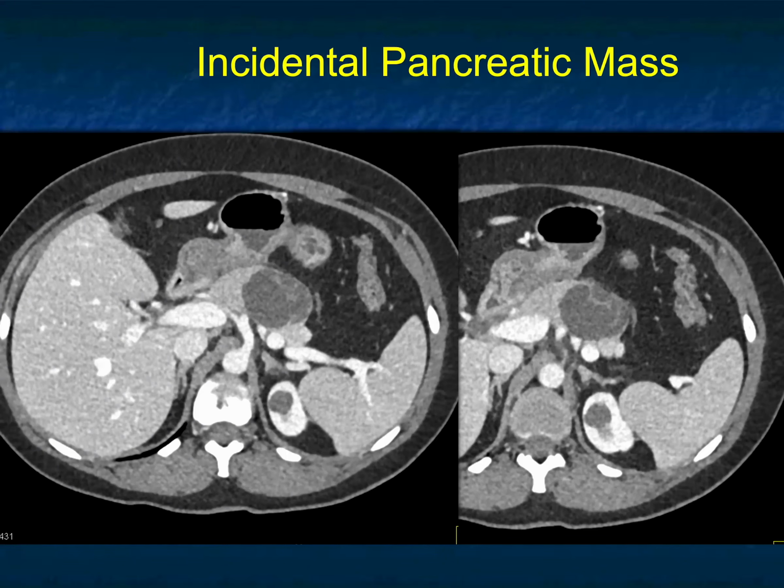A really nice example. The thicker the septations, and over 4 cm, is typically going to be associated with malignant MCNs. Typically, however, we think about all MCNs as potentially malignant, and they're all going to be resected. A lot of work going on to maybe rethink that process.